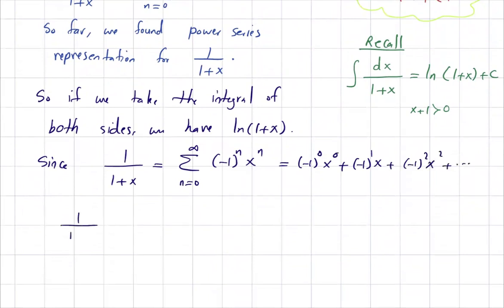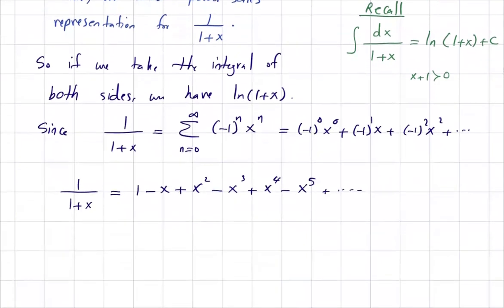So 1 over 1 plus x can be written as 1 minus x plus x squared minus x cubed plus x to the 4th minus x to the 5th plus the rest of the terms. Now take the integral of both sides.